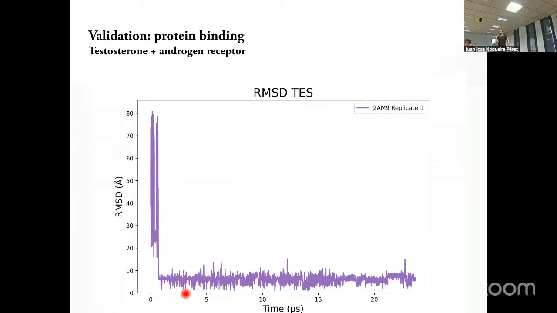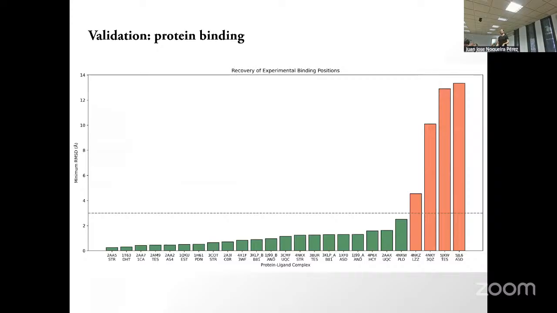That's why you have quite high RMSDs even in the binding site, but it was able to get very close to the experimental configuration. And then we did this for all of them, and for most of them, like 80-something%, so all these guys, they actually were able to find the binding site. Only these four didn't. These ones actually involve heme cofactors, so we think that the heme might have some problem, but well, to be decided. But it turns out that this seems to be quite good.